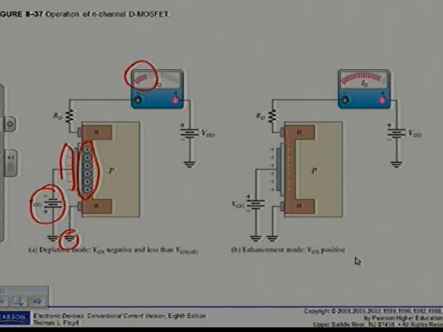The moment I make my gate more positive, I will have positive charge on the outside and electrons in my channel, and that will increase my drain current flow. That means by varying the voltage on the gate, I can vary the current flow between my drain and my source. In the case of the D MOSFET, there exists a channel between the drain and the source.